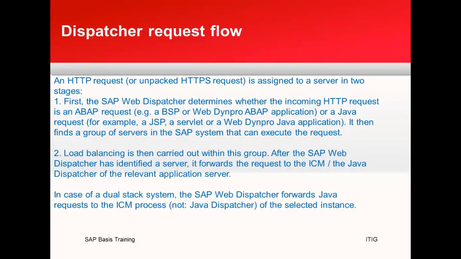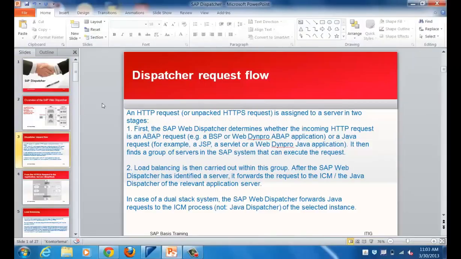In this slide we will look at how this function is performed. When an HTTP or HTTPS request is assigned to a server, it is assigned in two stages. First, the SAP web dispatcher determines whether the incoming HTTP request is for an ABAP request or for a Java request.